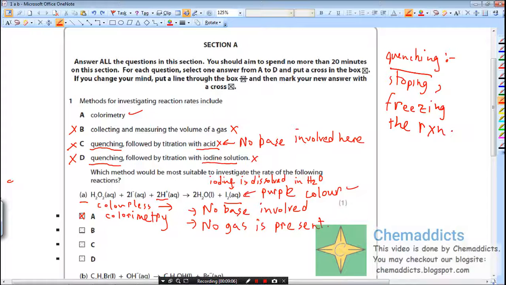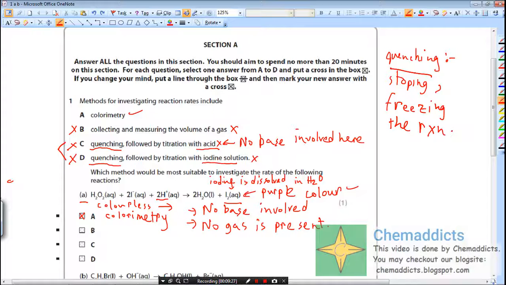Here is one thing that we can do: if we quench and titrate with sodium thiosulfate solution, S2O3, then this process would have been possible.